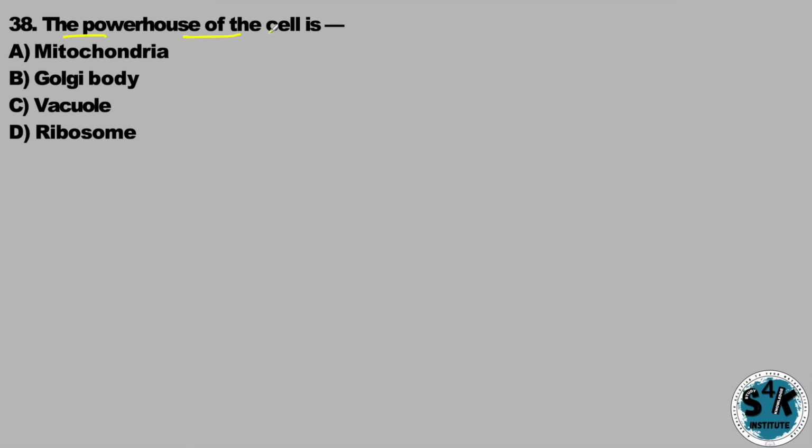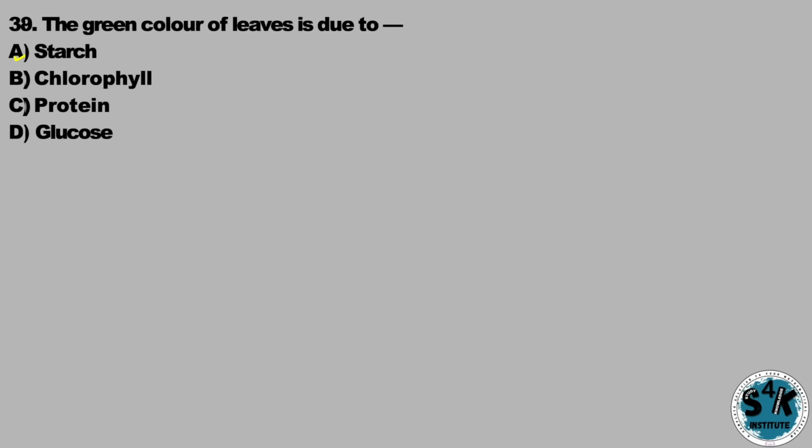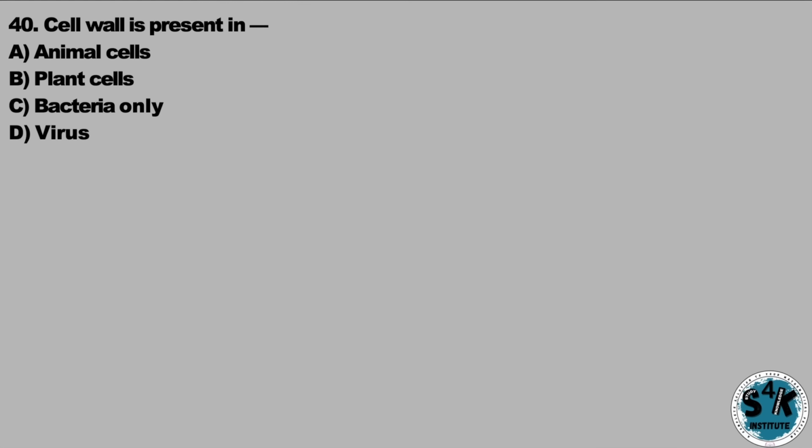The powerhouse of the cell, from where we get the energy in the cell, is mitochondria. The green color of leaves is due to, what do you think? Because of chlorophyll. Cell wall is present in plant cell. It is not present in animal cell.